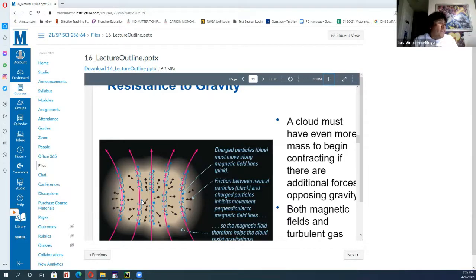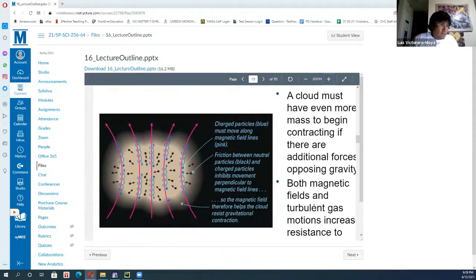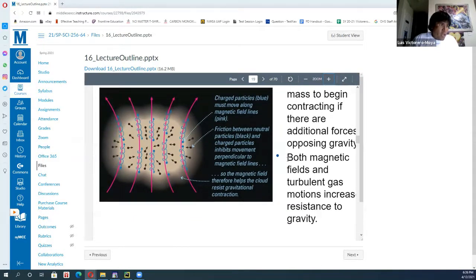Now, there can be friction between those particles and the neutral particles, and then they can both oppose the force of gravity, all right? The magnetic force and the friction force between particles. So as it says here, the magnetic fields and the turbulent gas inside the cloud increase resistance to gravity. They form an opposition to gravity.